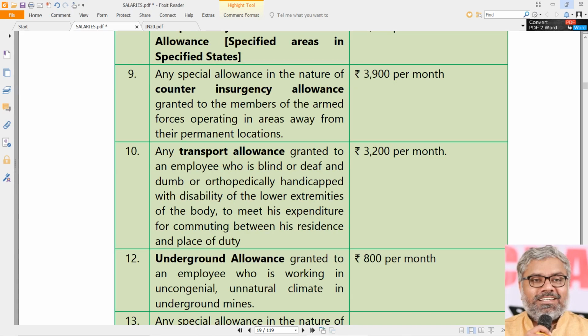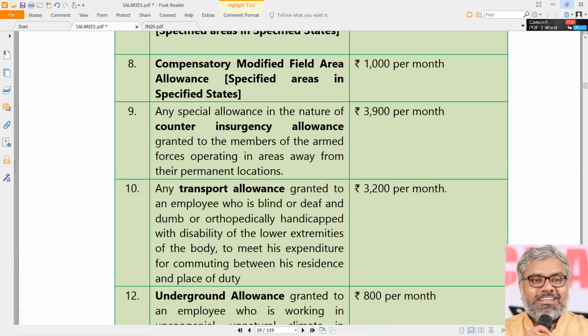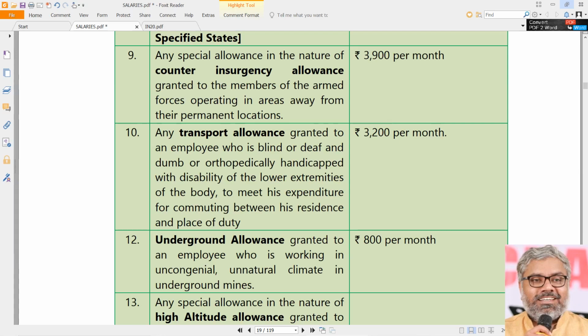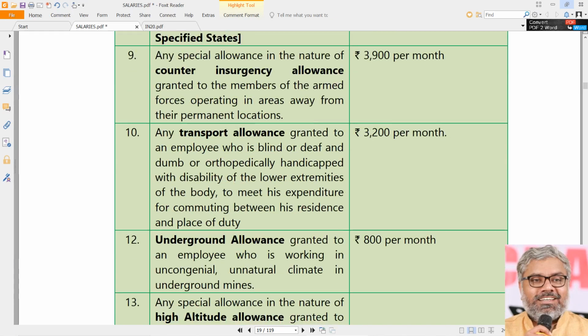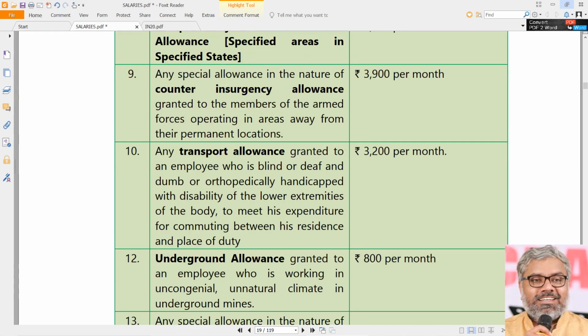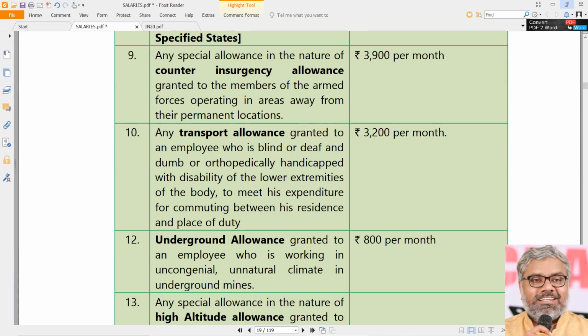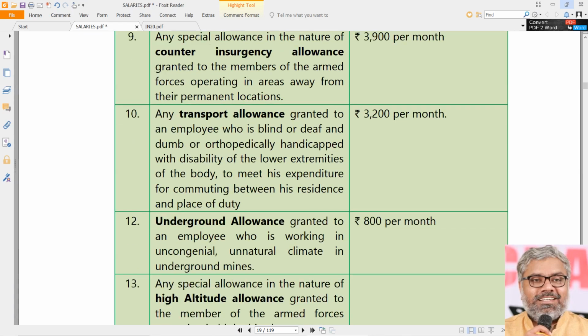So armed forces we are talking about. Once again, military. So all these things are police and military related allowances. We don't need them. Our SSC normally in our exam questions is not going to be a military officer, not going to be police. So that much we can safely assume. So not required generally to remember that.